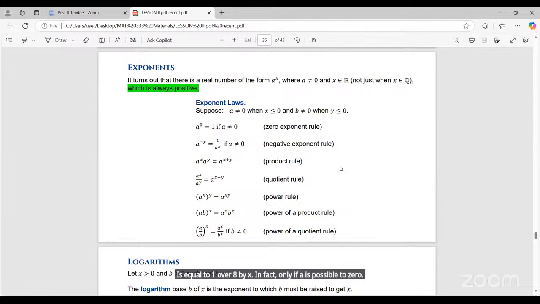The negative exponent law. a to the power x times a to the power y is the same thing as a to the power x plus y.